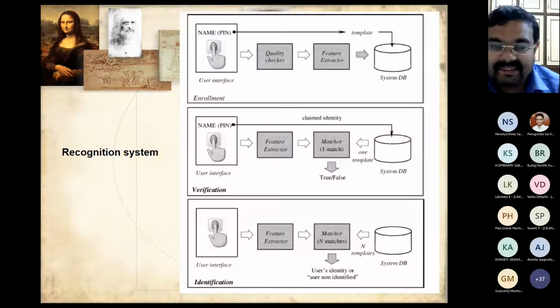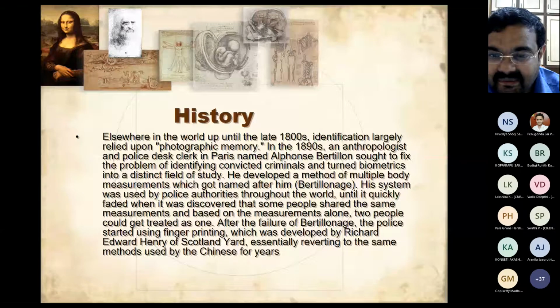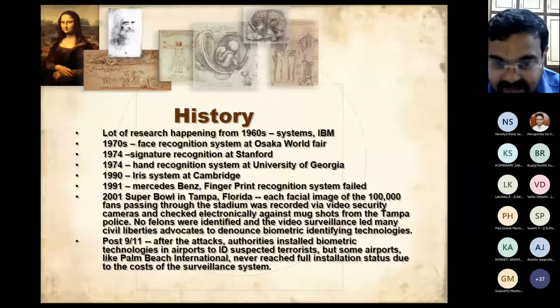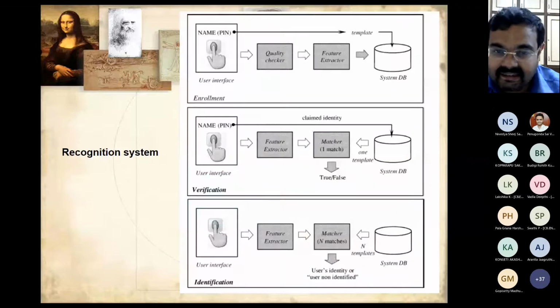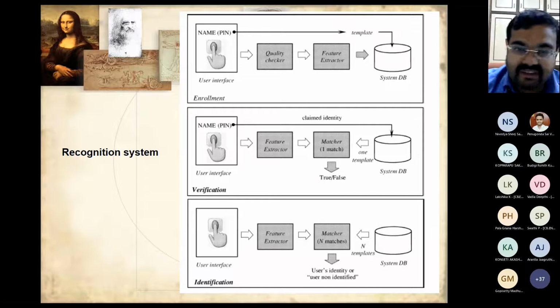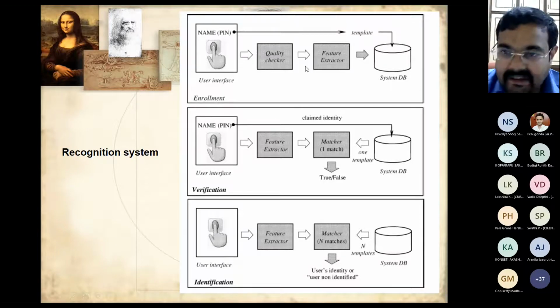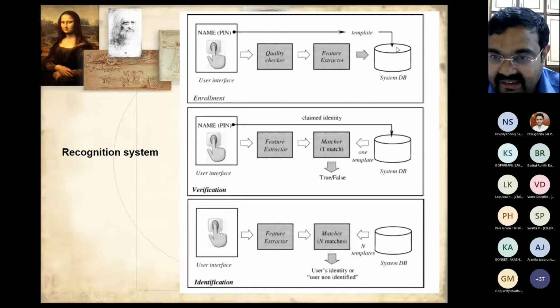Biometric systems have been there for quite some time, but in the last 200-300 years we have seen a lot of traction and movement, and various systems are there. I also told you about the recognition of a biometric. First you give your fingerprint initially into the database. It is checked for quality of the image, then the features are extracted and stored.